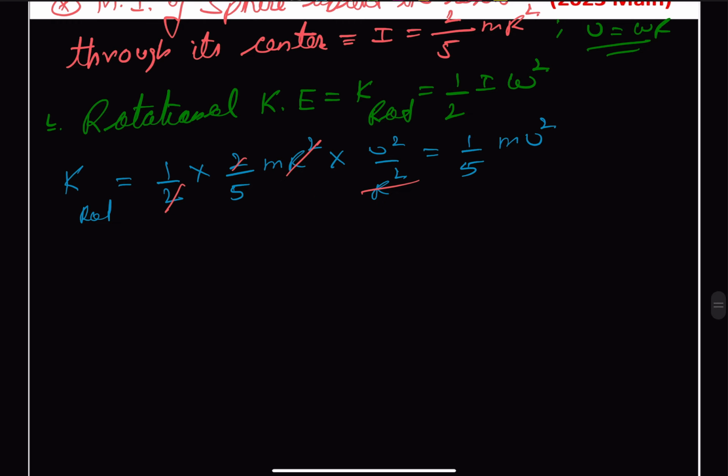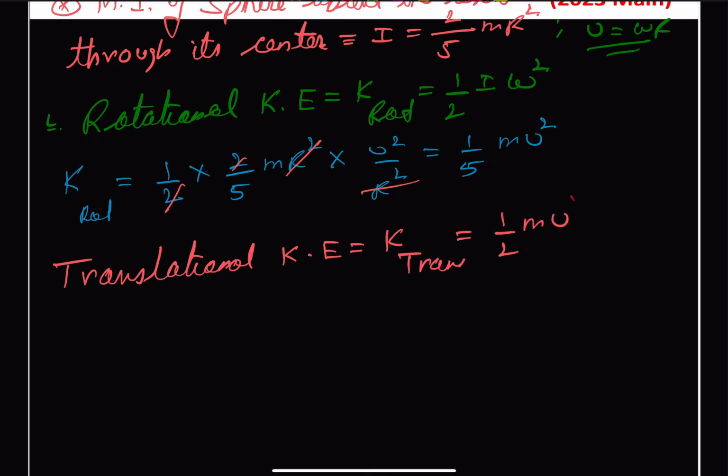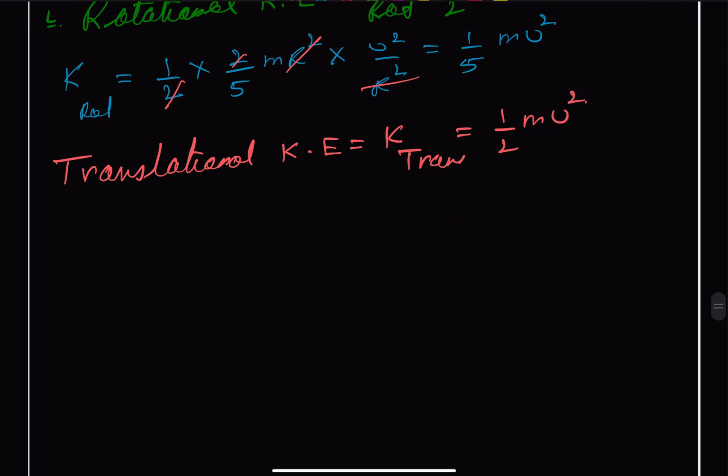and we have translational kinetic energy, let us suppose this is K trans, will be equal to half m v square. Therefore total kinetic energy, that is our K, will be equal to kinetic energy rotational plus kinetic energy translational.